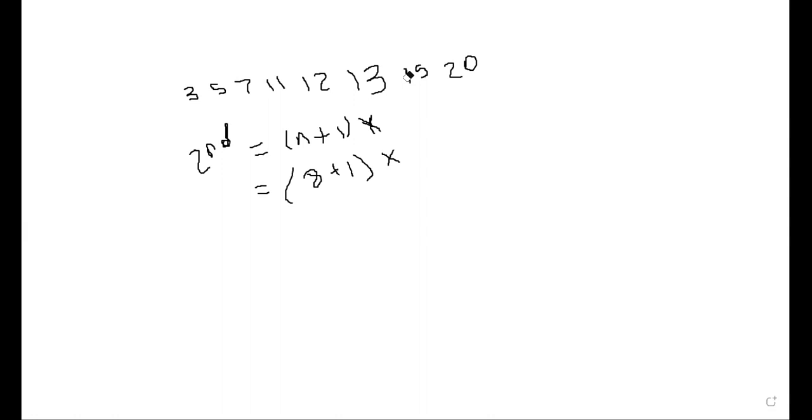Then 2 divided by 10 is 0.2, and 0.20. Then your answer is going to be 9 multiplied by 0.2, you're going to get 1.8.